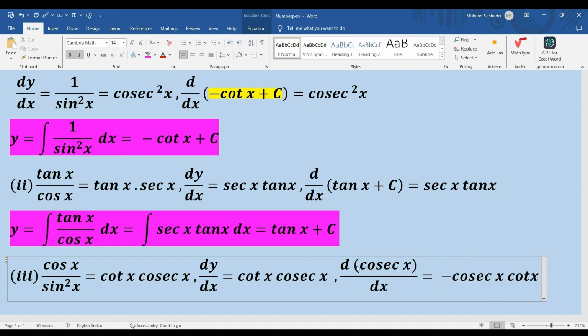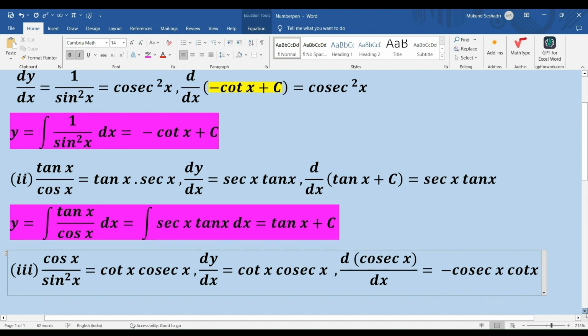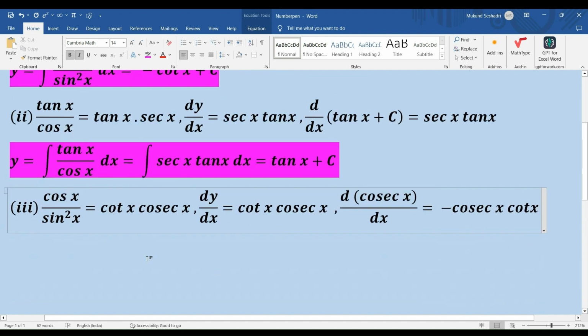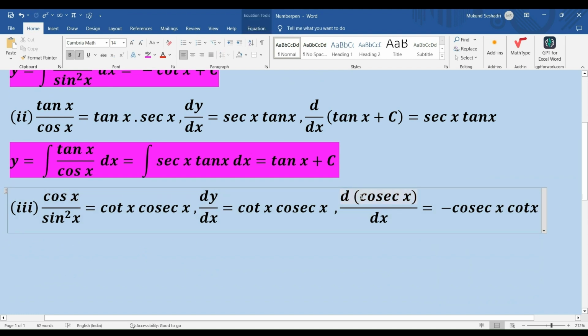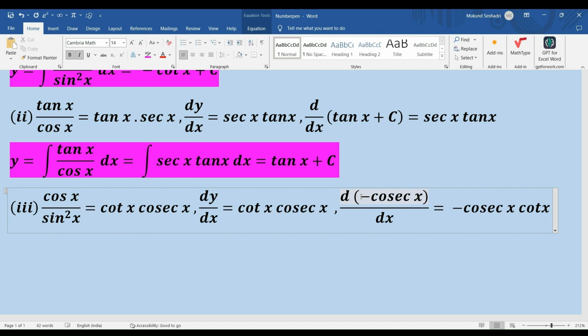Now I've been asked to find y. So if my d by dx of cosecant x is minus cosecant x cot x, then my d by dx of minus cosecant x is nothing but plus cosecant x cot x, right?